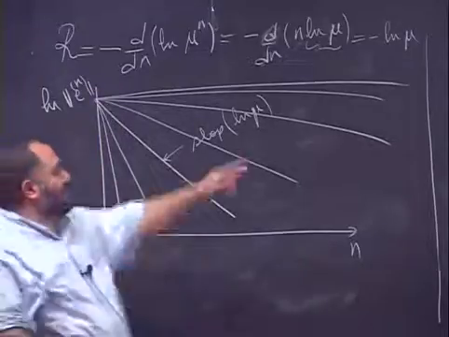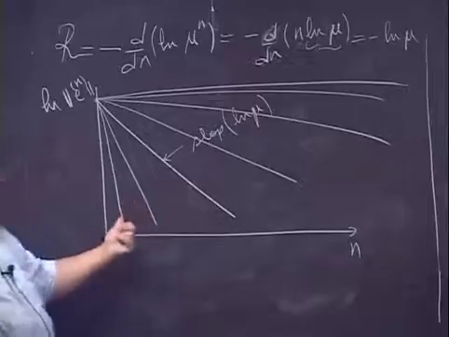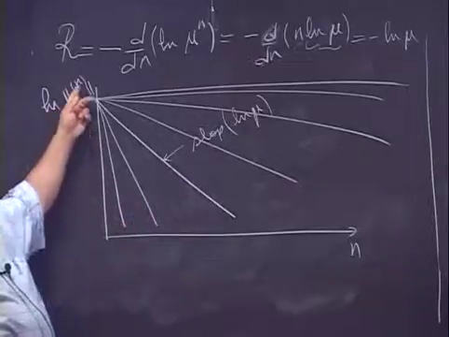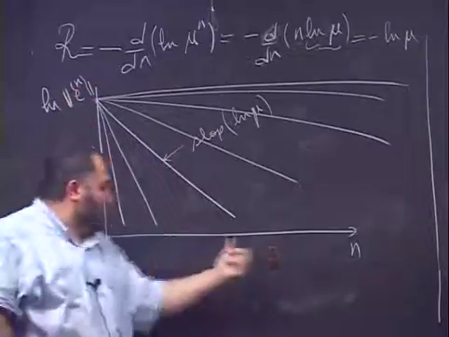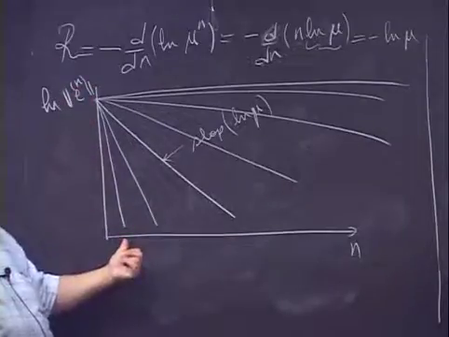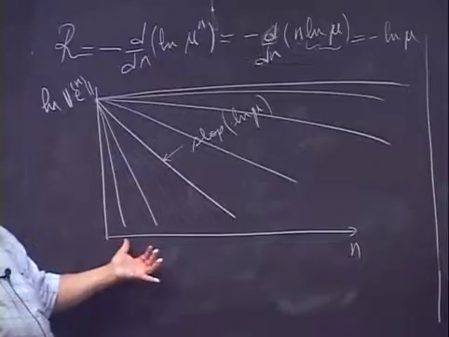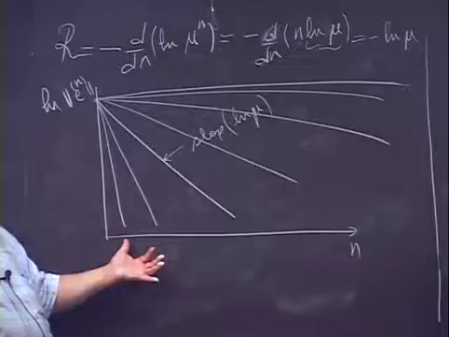So when the spectral radius is smaller, you expect n to be what? Very small. What does it mean? You expect convergence after just a very small number of iterations.